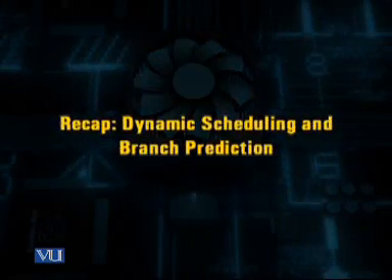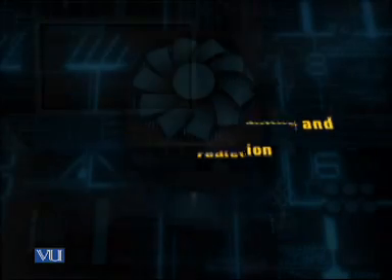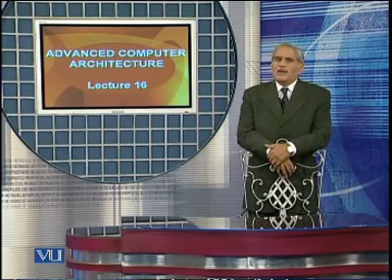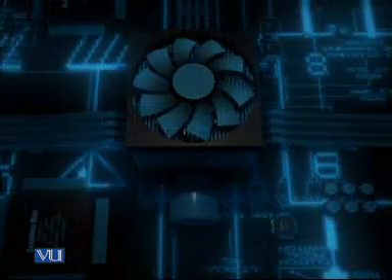We discussed two basic techniques for dynamic scheduling, known as the scoreboard technique and Tomasulo's approach. Then we started our discussion of the control hazards, where we use different prediction techniques.